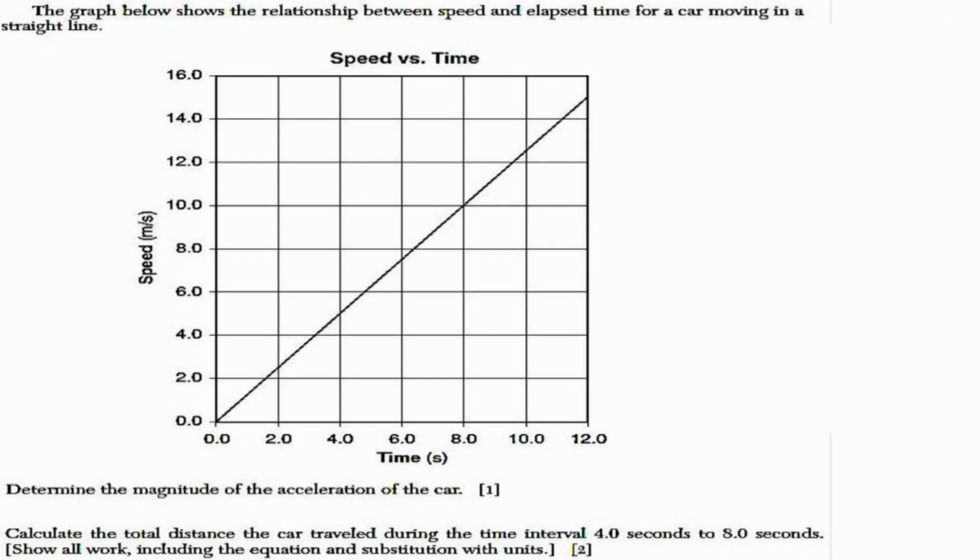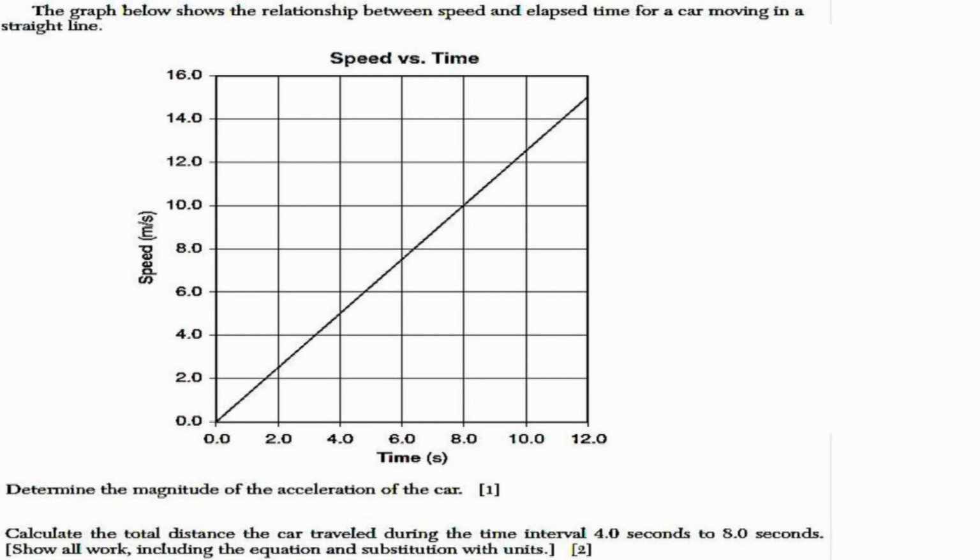Now let's see how these concepts are related to the New York State Physics Regents examination. The following question was taken from a recent Physics Regents examination. The graph below shows the relationship between speed and elapsed time for a car moving in a straight line.